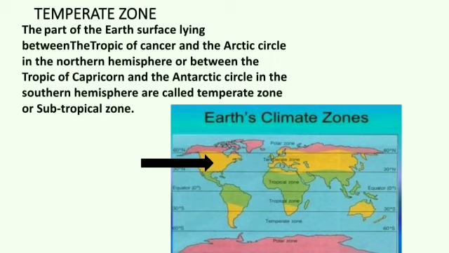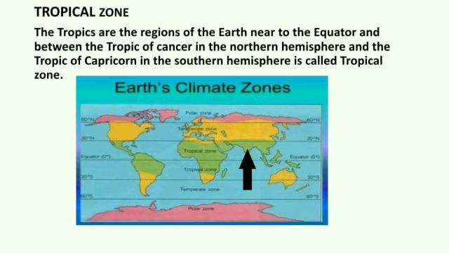Now, let's move on to the tropical zone. The tropics are the regions of the earth near the equator, between the Tropic of Cancer in the northern hemisphere and the Tropic of Capricorn in the southern hemisphere, called the tropical zone. The southern part of India is located in this zone.